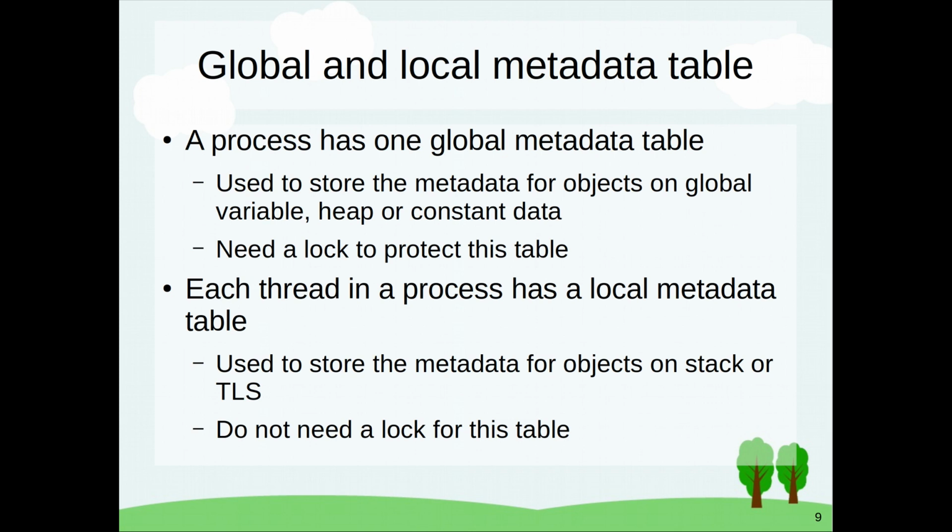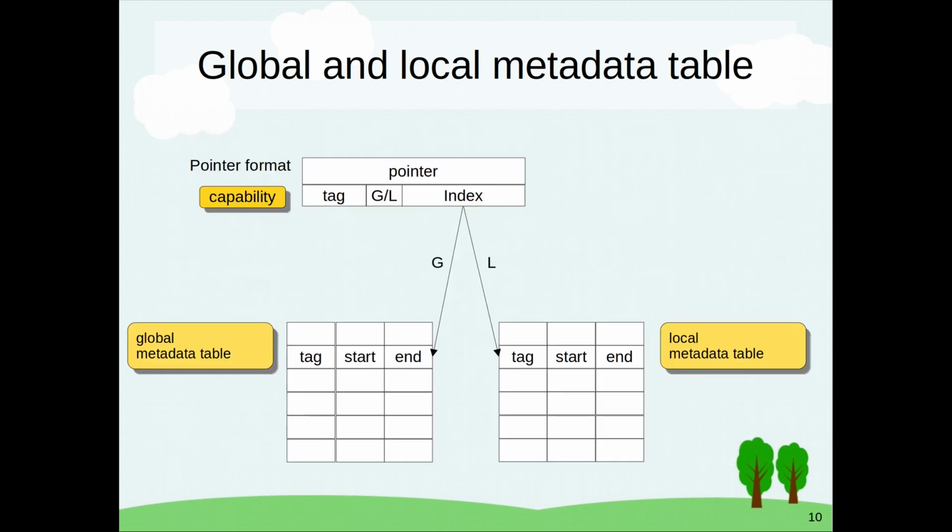And we need a lock to protect this table because multiple threads can access this table. And each thread in a process has a local metadata table, and this table is used to store the metadata for objects on the stack or TLS. So we do not need a lock for this table because only one thread will access this table.